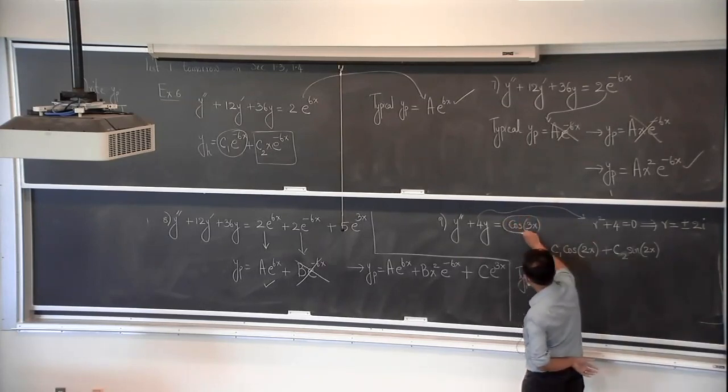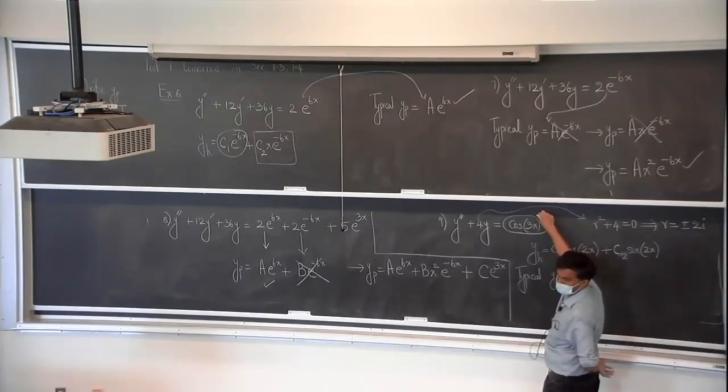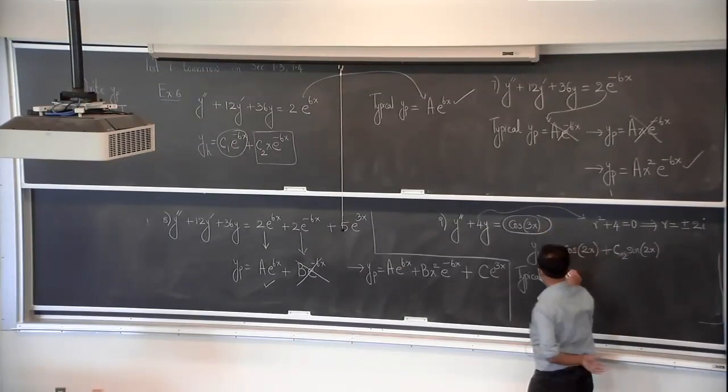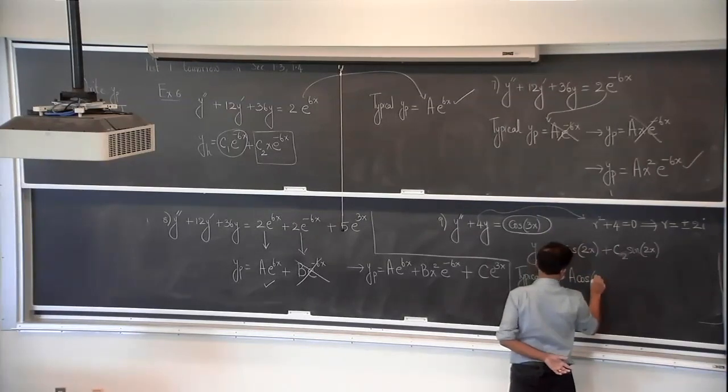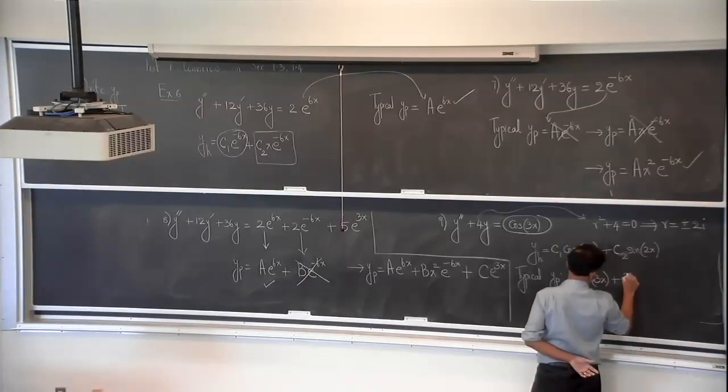For this function, what is your typical YP? We did that around half an hour ago, probably. Good. A cosine 3x plus B sine 3x.